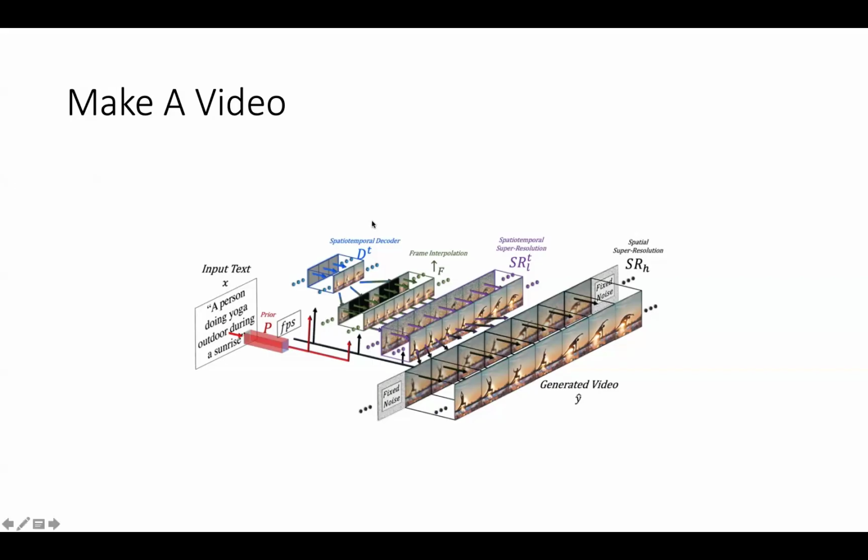We predict frames at 5 frame intervals: the 0th frame, the 5th frame, the 10th frame, and so on till 80. Then we do frame interpolation between these frames, followed by spatial temporal super resolution so that you do not have inconsistencies, and then spatial super resolution to make it a full-fledged video.